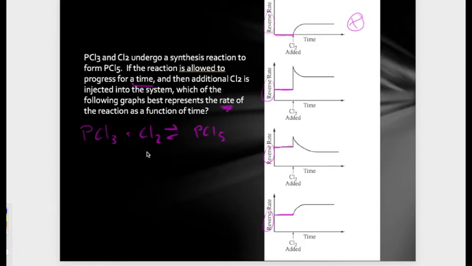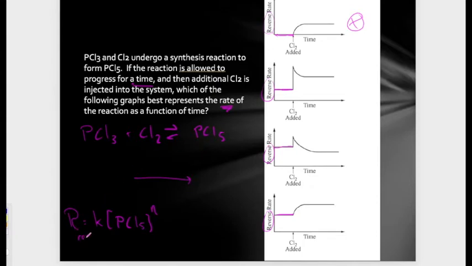If I add excess Cl2, I know that the system is going to shift to the right, according to Le Chatelier's principle. Okay, so if I add excess Cl2, then I know that the system will shift to the right, and I'm going to be making more PCl5. Well, remember that rates of reactions depend on concentration of chemicals.